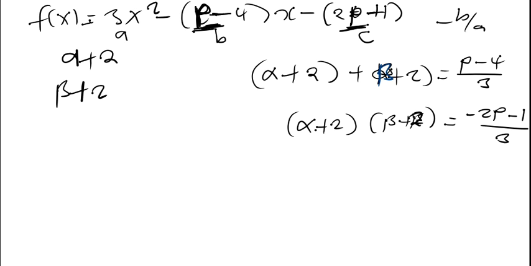And then they told you to find the value of p or what? No, they told me to just find the equation now. Oh, the equation. Yeah. So if it was supposed to be the equation, then we are supposed to add this, and also multiply them.